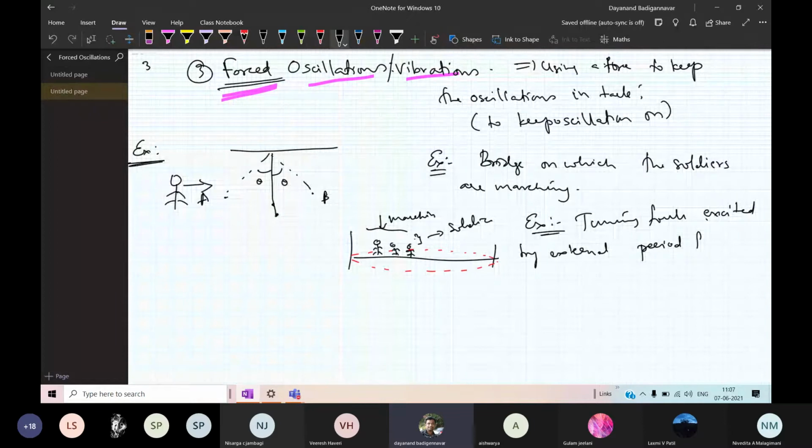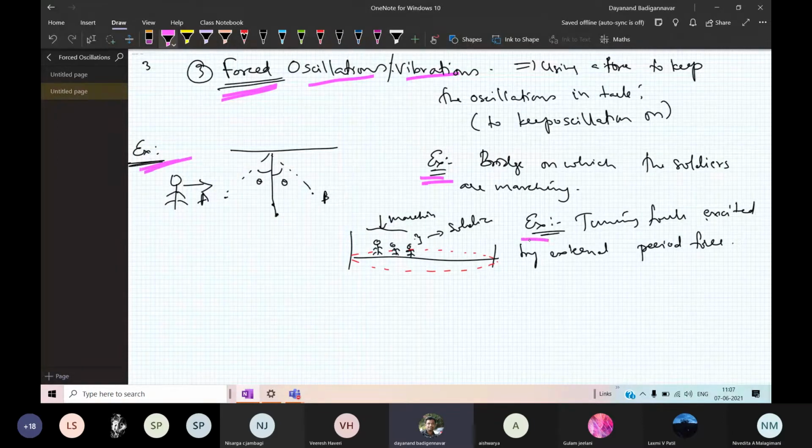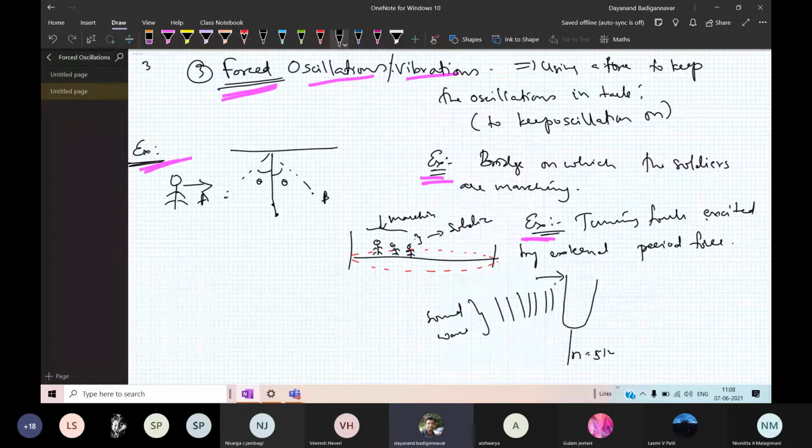So these are the 3 examples of forced oscillation: 1, 2, and 3. So you have the tuning fork. The natural frequency of a tuning fork n is 512. So what I can do is I can have another frequency, another sound waves. I can make these sound waves fall on the tuning fork.